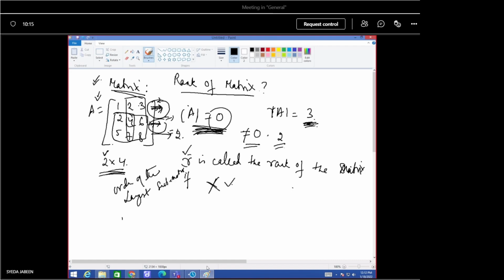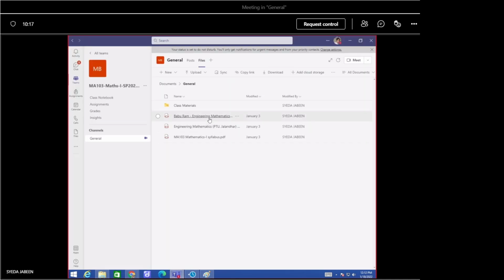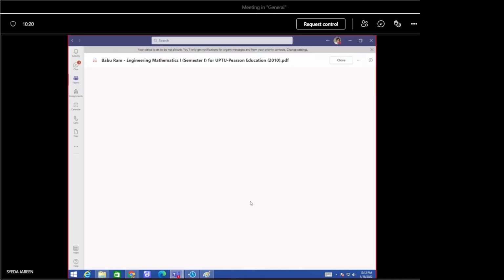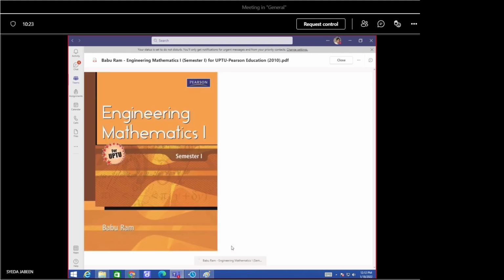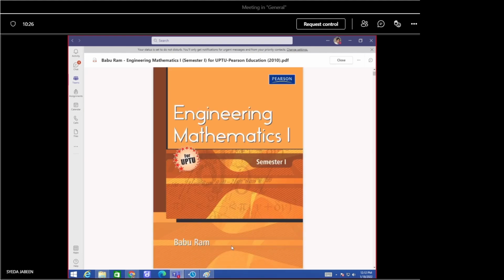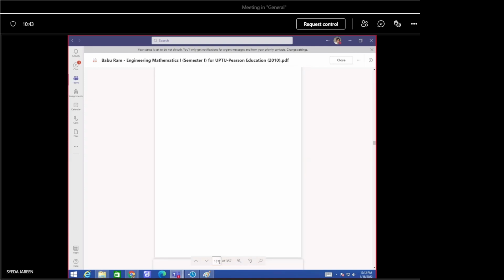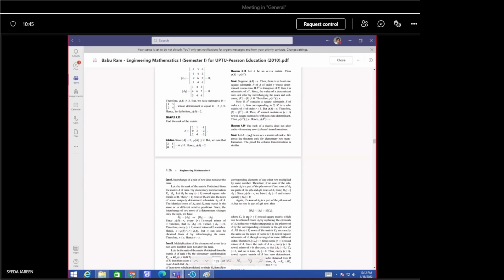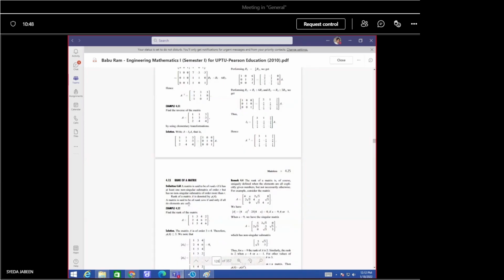Okay, now the rank of the matrix definition, you can get it over here in the book. See, rank of the matrix: a matrix is said to be of rank R if it has at least one non-singular submatrix.